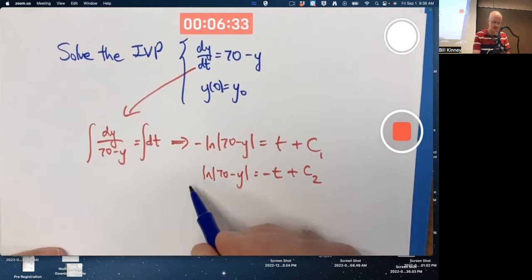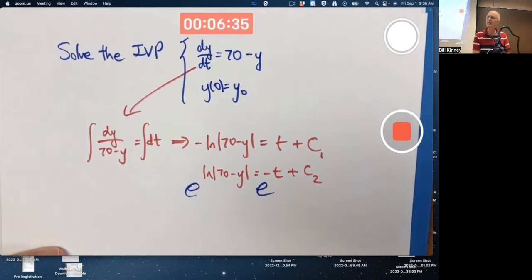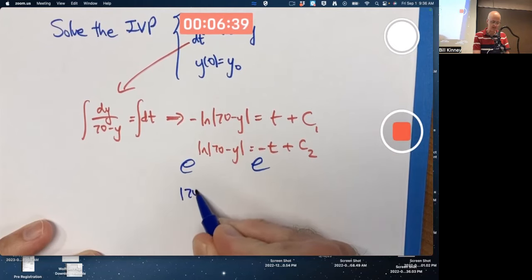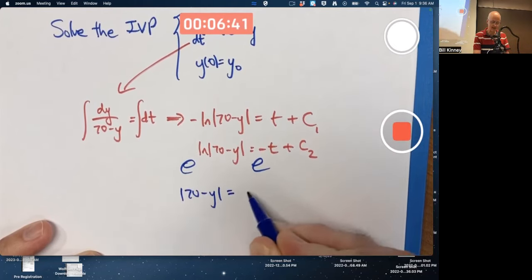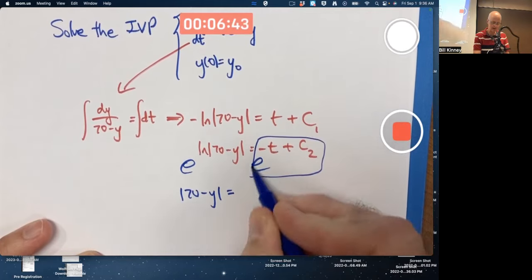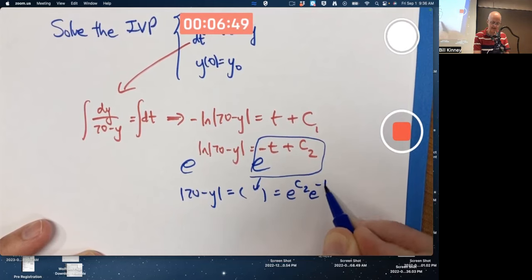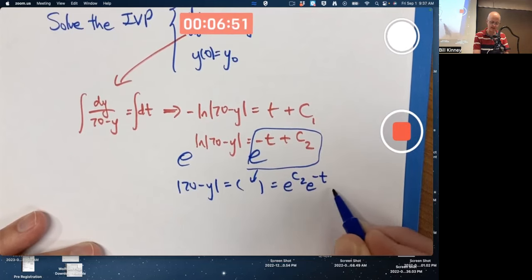Exponentiate to get rid of the logarithm. Get the absolute value of 70 minus y equals this. But by a property of exponents, that's the same as this. And hey, I suppose maybe we should call this C3.